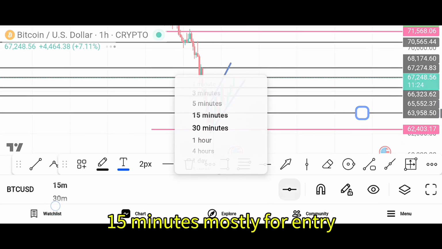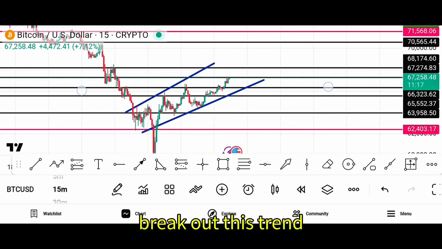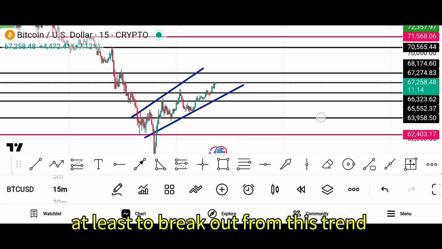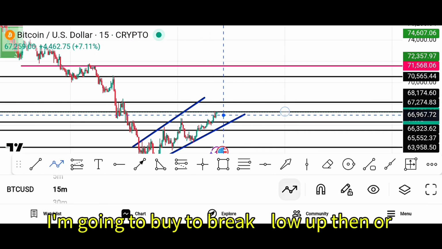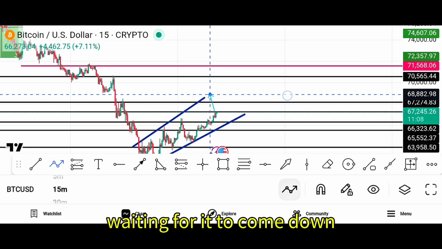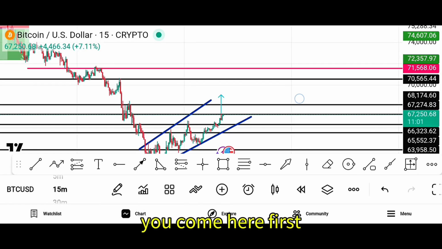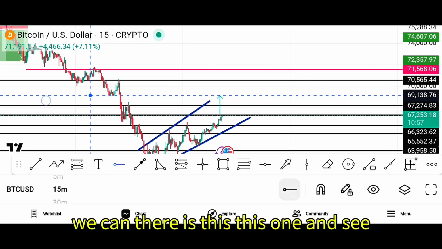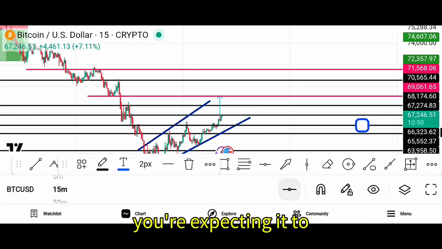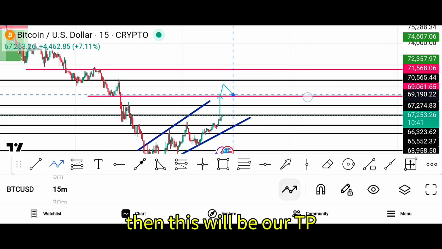15 minutes is mostly for entry. As you can see, we just wait for the market to break out of this trend. I'm going to buy on a break low or up, whatever works. So waiting for it to come down. You can see there is also one here. I'm expecting it to come maybe somewhere here to test, then this will grab.